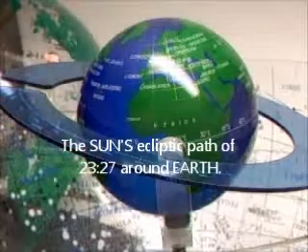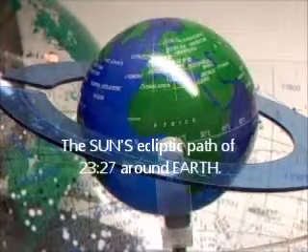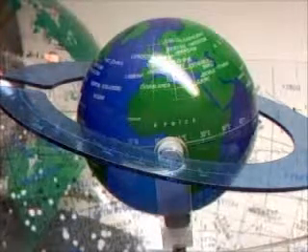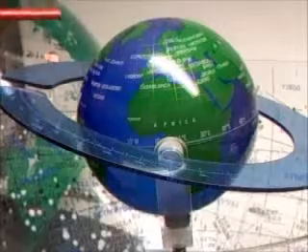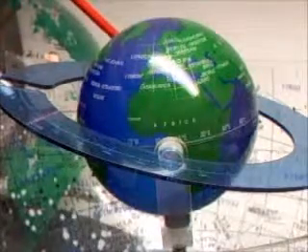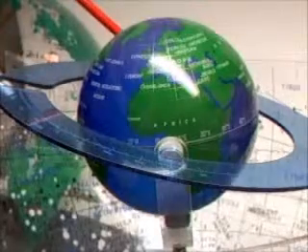In the summertime, the sun is high in our sky in the northern hemisphere, and it's summer. In the fall, the sun is on the equator, heading south.